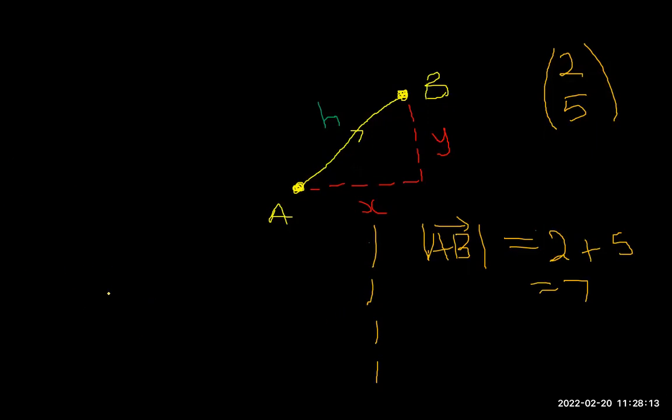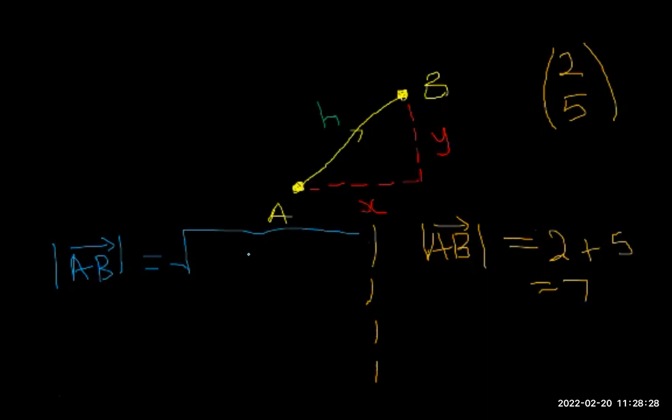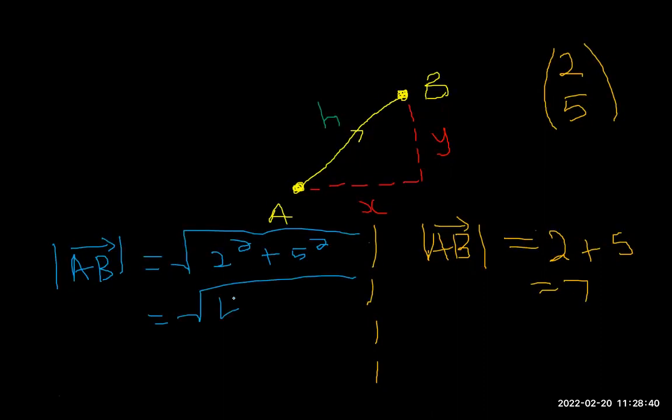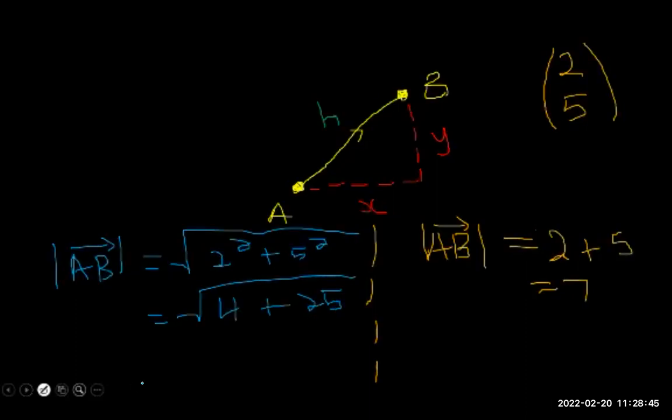If I use the formula I just showed you, the magnitude would be equal to the square root of 2 squared plus 5 squared. This is going to be equal to 2 squared is 4 plus 5 squared is 25. 4 plus 25 is going to give me 29.